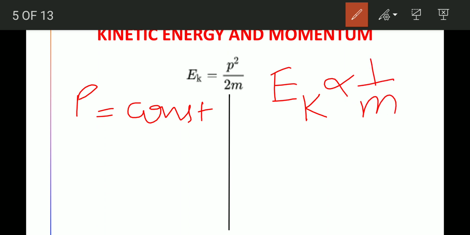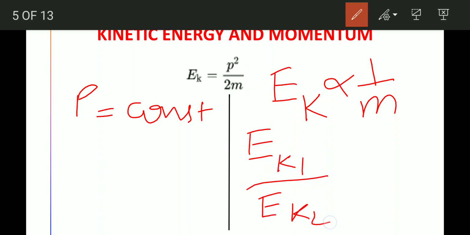So, if there are two bodies with same momentum, then we can write the relationship between kinetic energy and mass as this. The ratio of the kinetic energies of the two bodies is equal to the ratio of their mass, but since E and m are inversely proportional, hence the expression goes in this way.